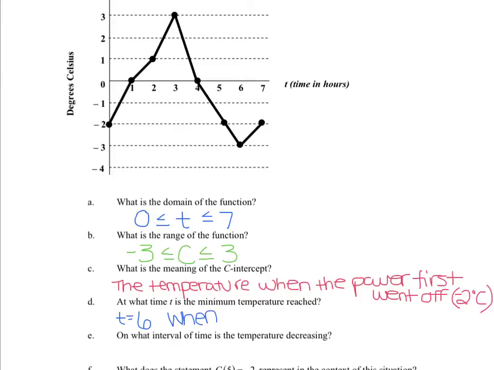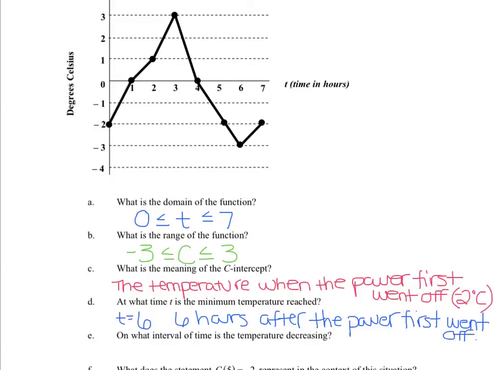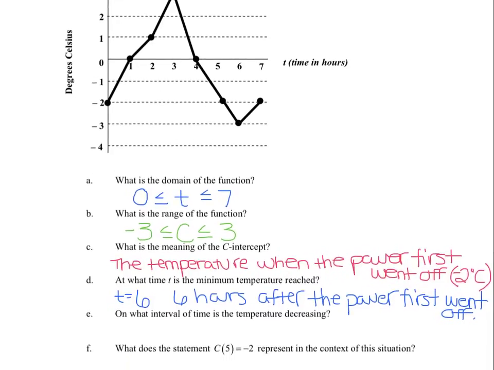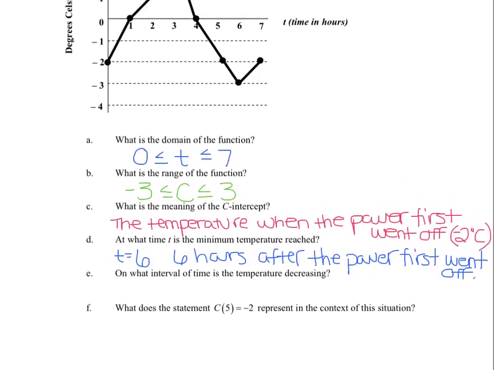So it represents 6 hours after the power first went off. So 6 hours after the power first went off is when the minimum temperature was reached.